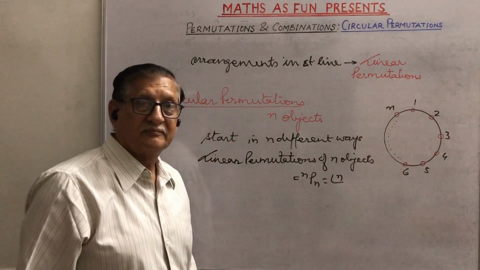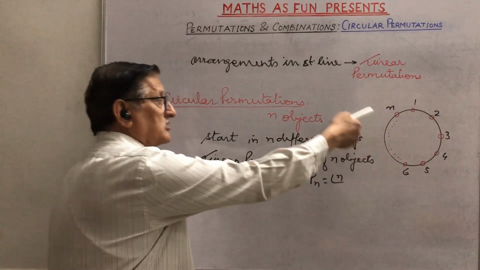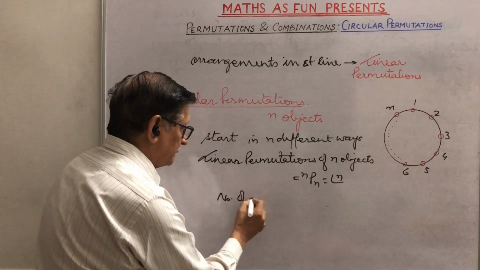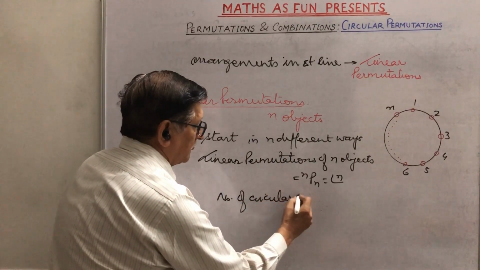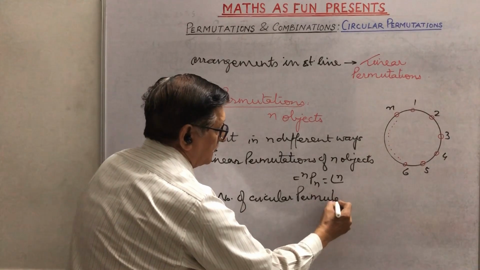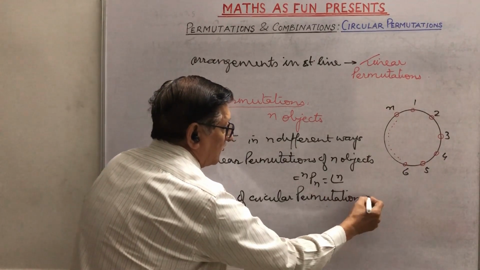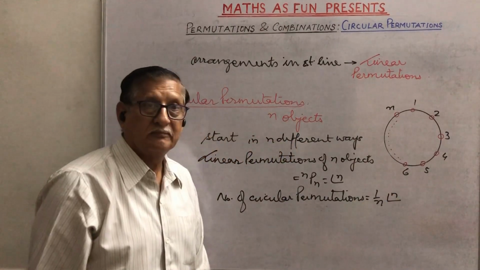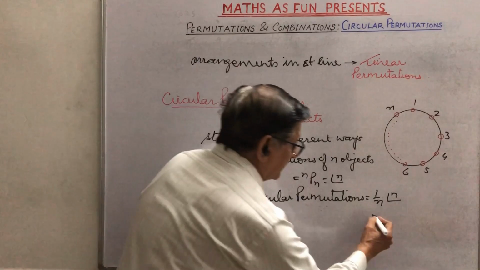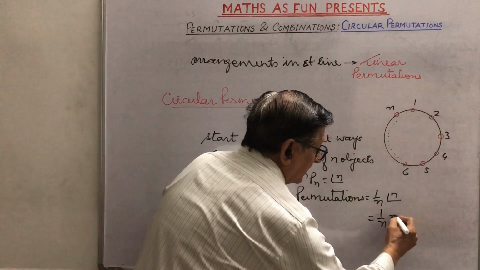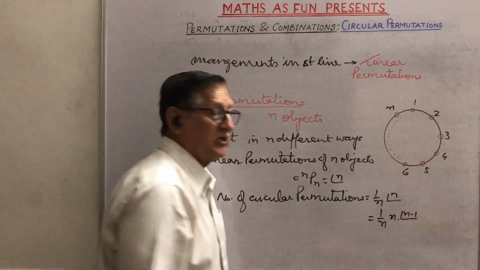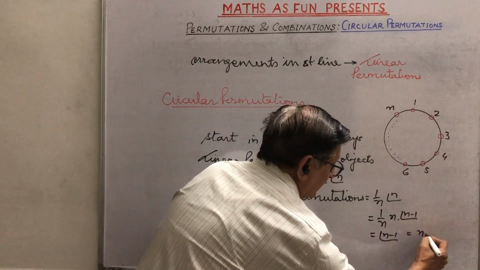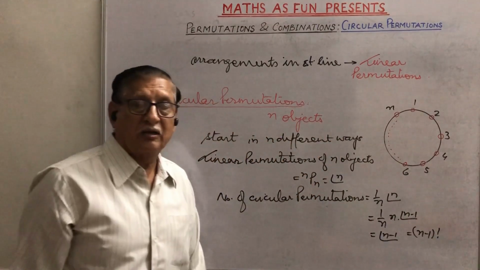It means when we arrange them in circular order, the number of circular permutations will be 1 upon n into factorial n, which is equal to factorial n minus 1, or we write this as (n minus 1) factorial.